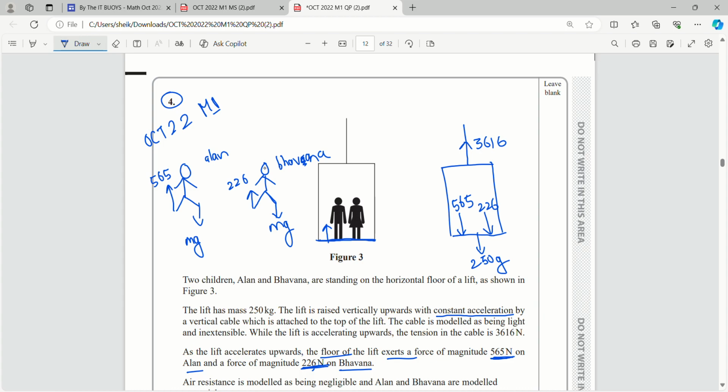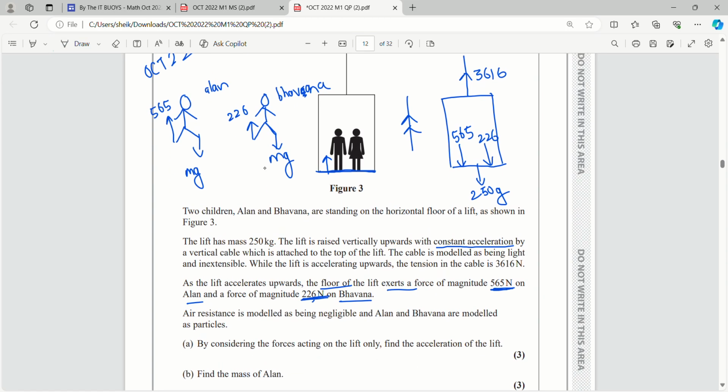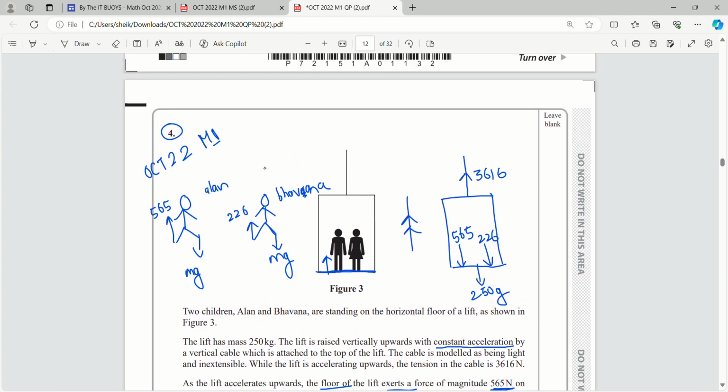So it's going up, right? I need to find acceleration. They asked me to find acceleration. So going up, the F equals ma equation is going to look like this. You have 3616, and remember, Jatin, tension always acts away from the object you're considering.